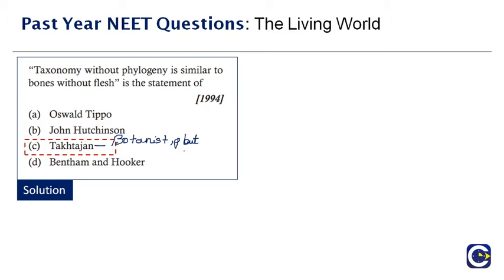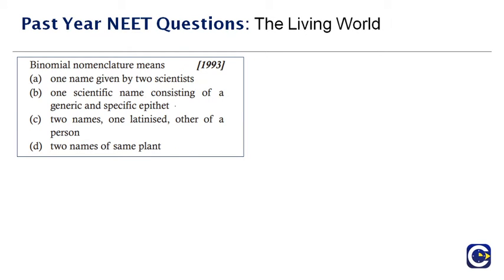Okay, so now let's move to the next question. Look at the second question. Binomial nomenclature means. This question is a repetition in this whole chapter. This question was asked in the year 1993. People, those who have checked part 1 and part 2 will be able to answer this.